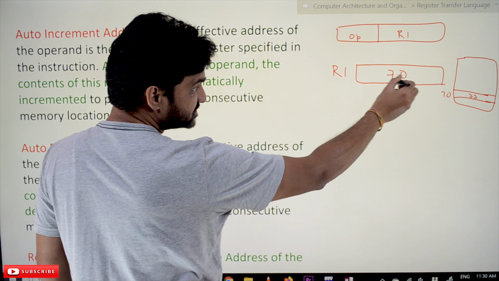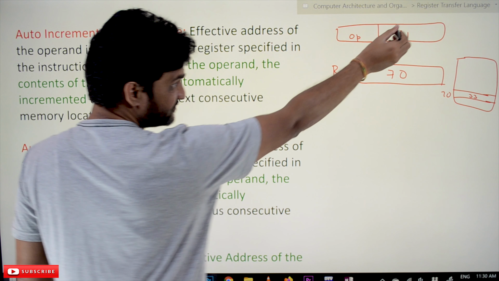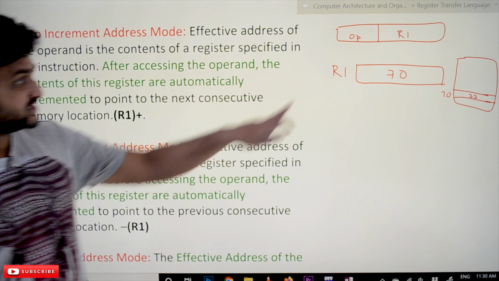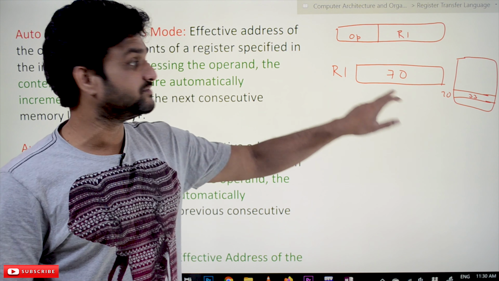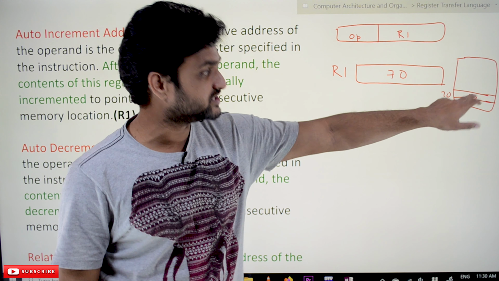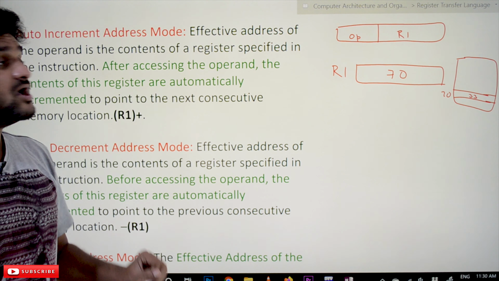So the effective address is present in the register that is specified in the instruction. This register is having the effective address and the operand value is 33. By fetching the value at the address 70, we are going to get the operand value.